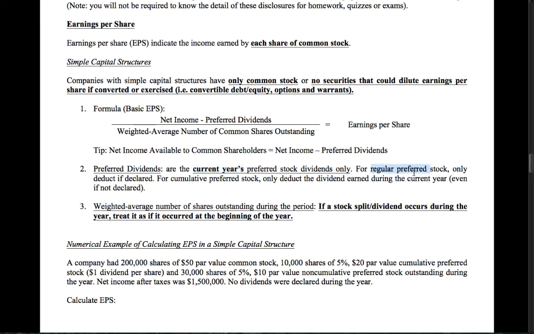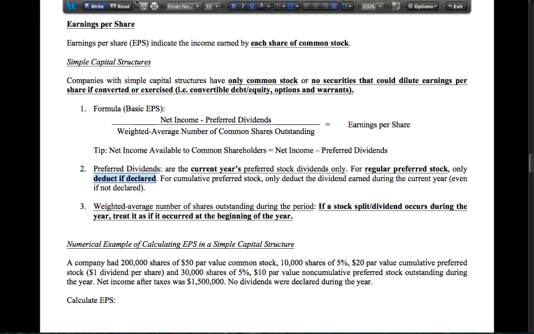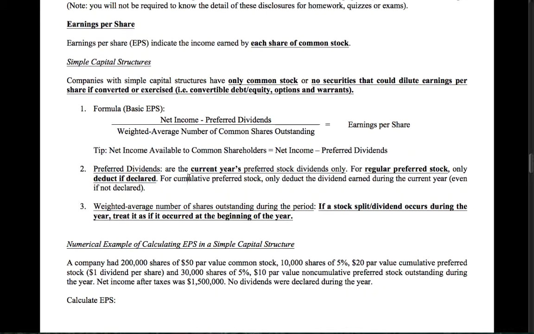For regular or non-cumulative preferred stock, you only deduct them in the numerator part of the calculation if declared. If they are not declared, then you do not deduct them. For cumulative preferred stock, you only deduct the dividend earned during the current year, even if not declared. So even if I have cumulative preferred stock and I haven't been paid in 5 years, the only part that's going to impact this formula is the current year amount that I would be owed.